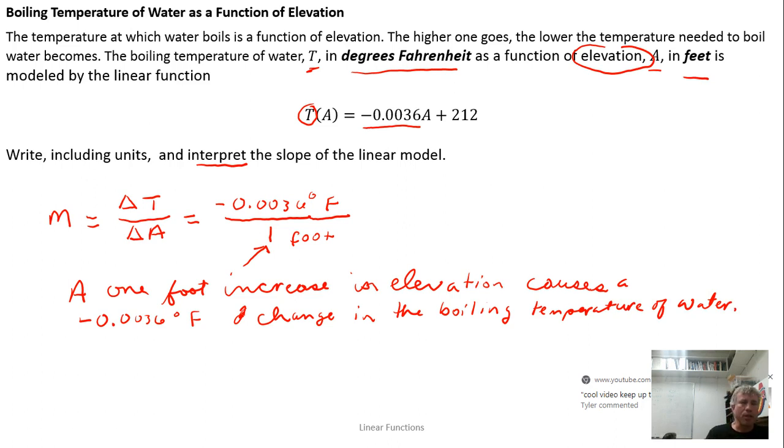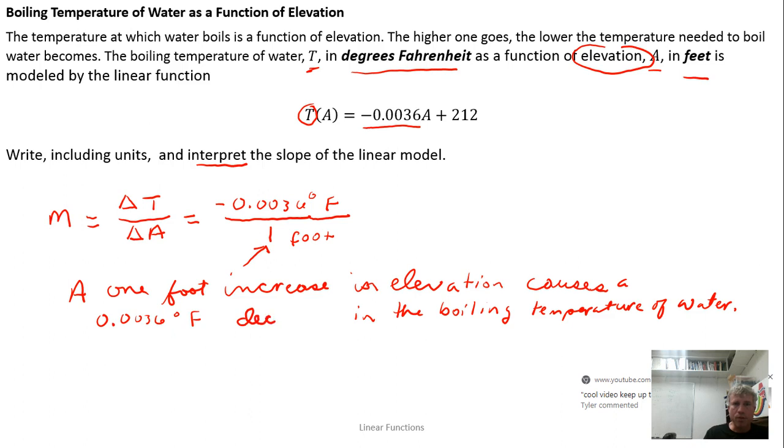And I could have done this a little bit differently. This negative sign right here, we recognize that's a decrease in temperature, so I could have chosen to not put the negative sign and instead say that a 1 foot increase in elevation causes a 0.0036 degree Fahrenheit decrease in the boiling temperature of water.